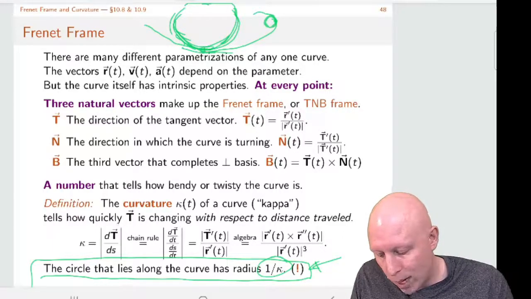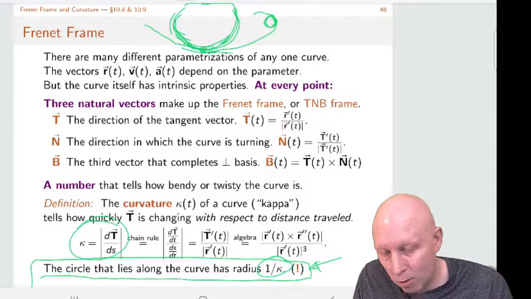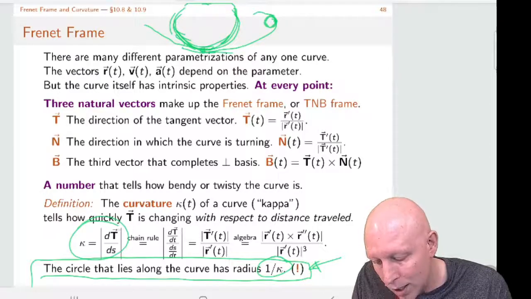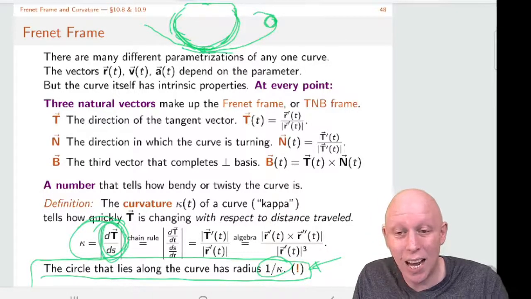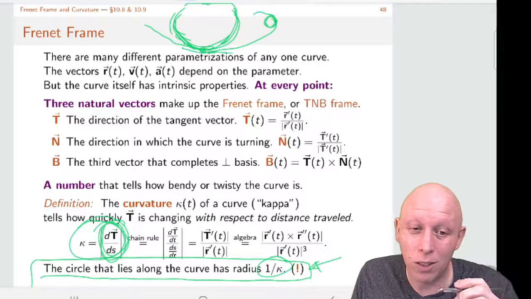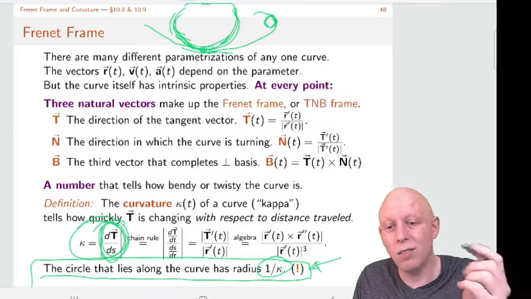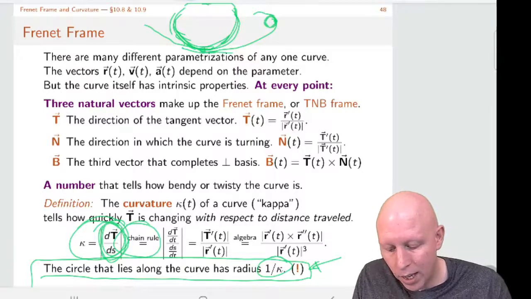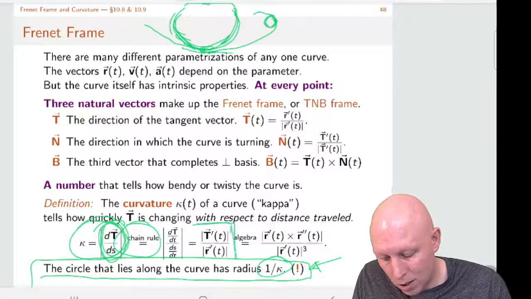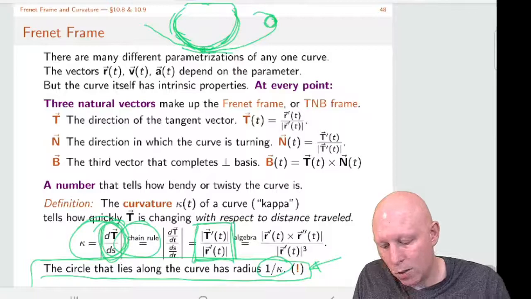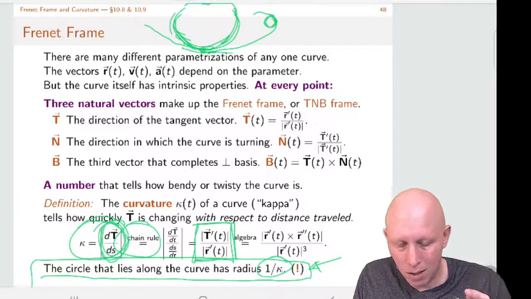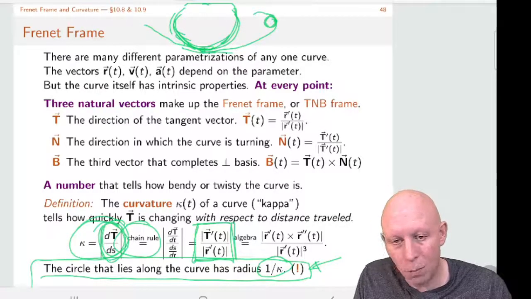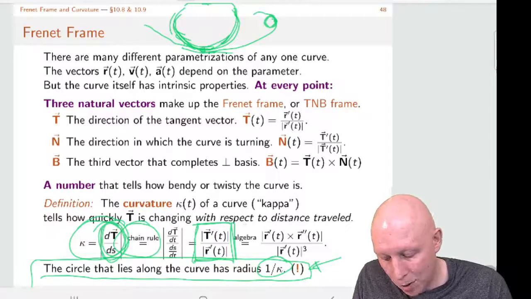So how do we calculate the curvature? We calculate the curvature by taking the derivative of T with respect to s, but T is a function of t and not of s. So we have to use the chain rule. And so you get something that looks like this: the derivative of T primed of t divided by r primed of t. Now, I'm going to say something on the side here.